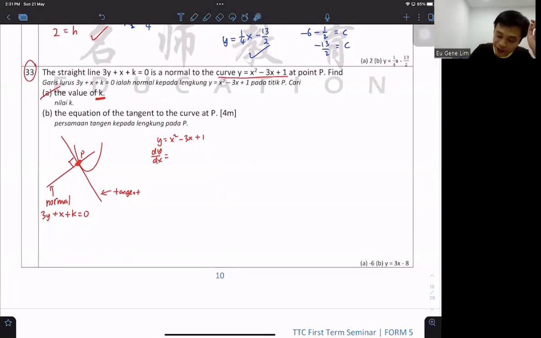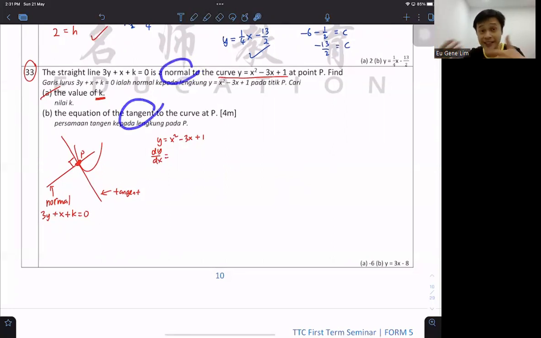Because I saw the words normal and tangent, right? Normal and tangent are the topic of differentiation. So when you see these words, you know this is a differentiation question. If you have no idea how to start, you differentiate first. So dy/dx equals 2x minus 3.